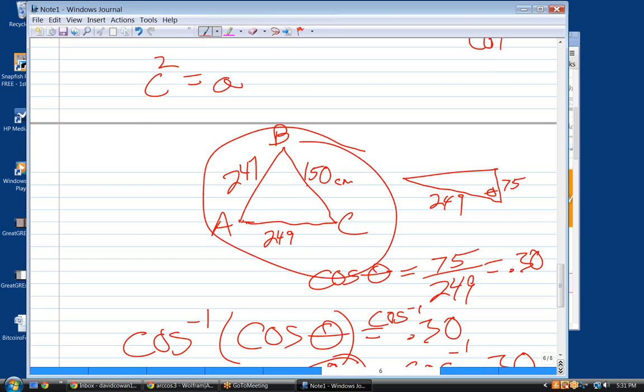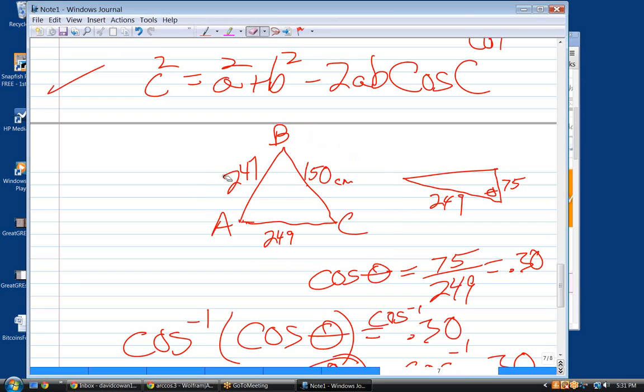C squared equals A squared plus B squared minus 2AB cosine of C. That is the law of cosines. And that would allow you to solve any triangle given all three sides, whether it's isosceles or not. We were able to solve this one without this because I was able to turn it into a right triangle and know what this dimension was, because this altitude has to bisect that base because it was isosceles.